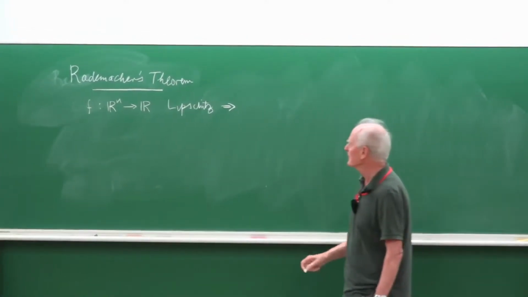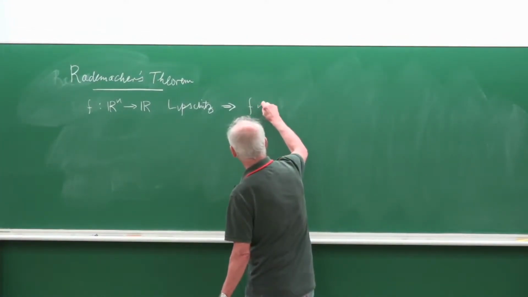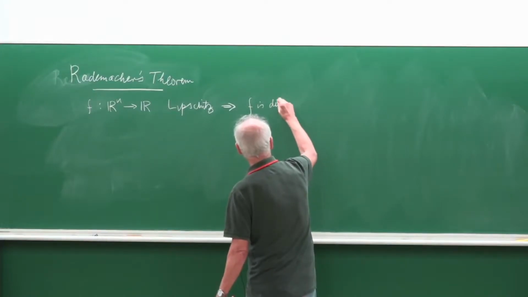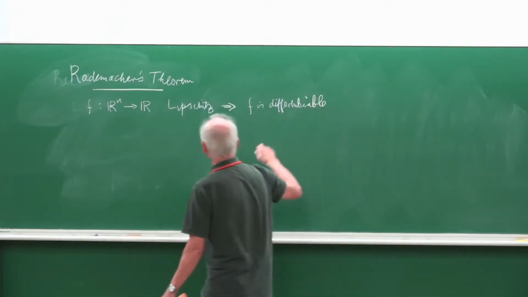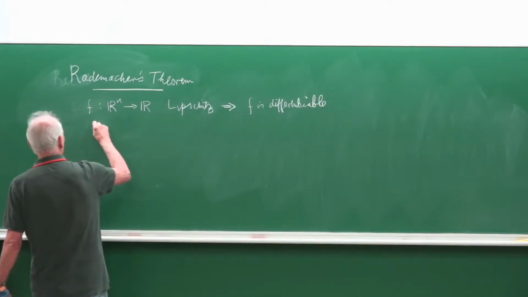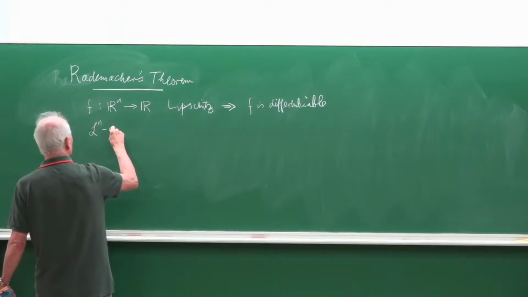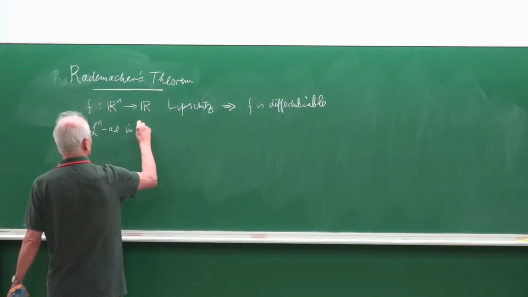Lebesgue almost everywhere implies f is differentiable, L^n almost everywhere in R^n.